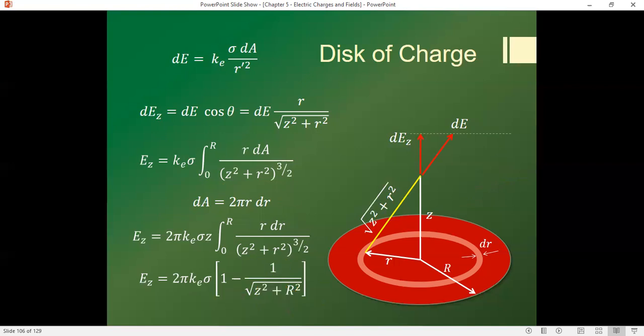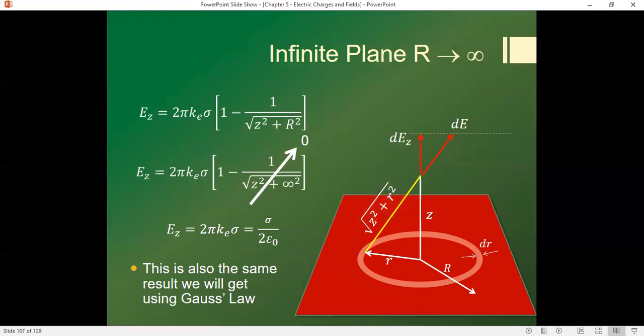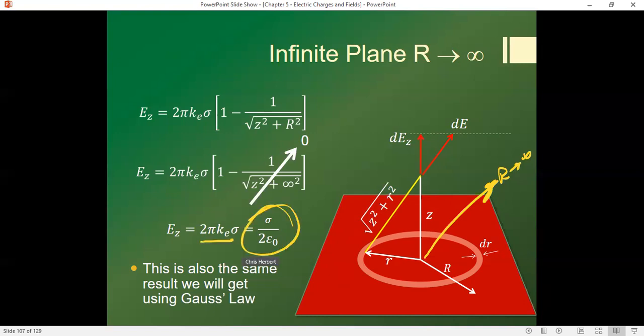That means that if I calculate the electric field from a plane of charge that's infinite, where again R is going to infinity and beyond, I was forced to watch too many children's movies, we get the same exact expression that we get for a plane of charge according to Gauss's law. So we'll see that in the next chapter.